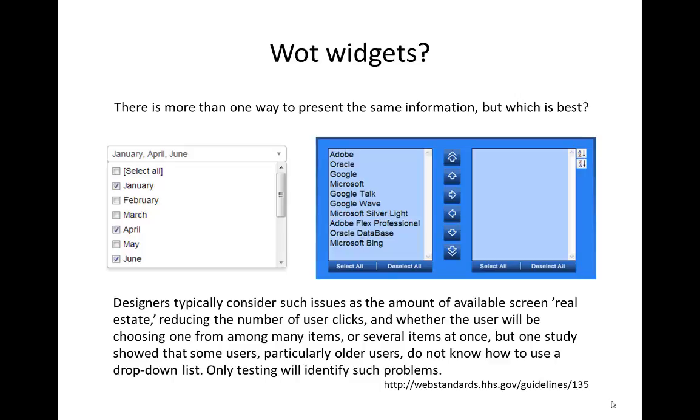We can select all, move them across, push them back if we don't want them anymore. We can also order them within here as we see fit. These both allow us to do the same thing, which is to make a choice among multiple options. Which is better for any particular task?